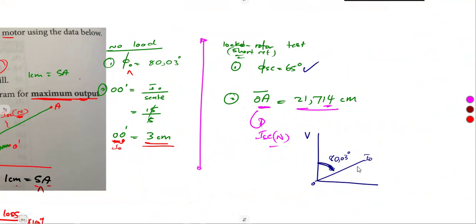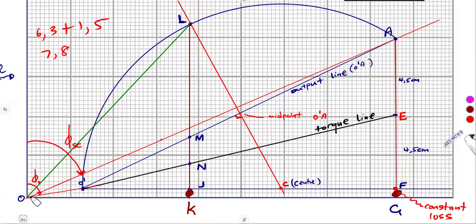But we cannot indicate the current, so we must have the measurement of the vector representing that current, which is now vectors from O to point A, with their corresponding phase angles.